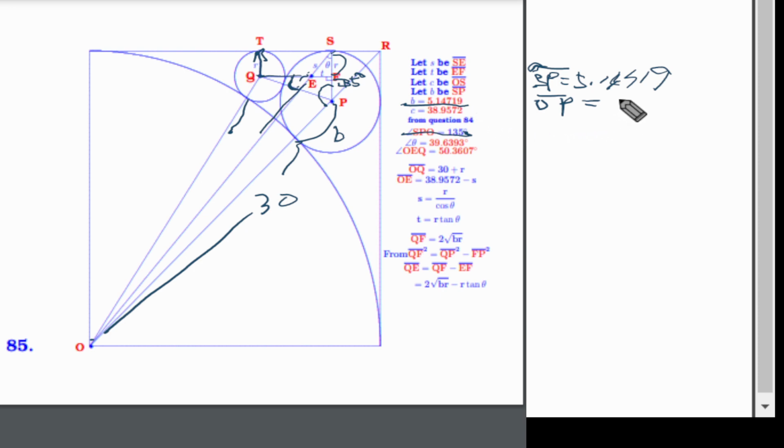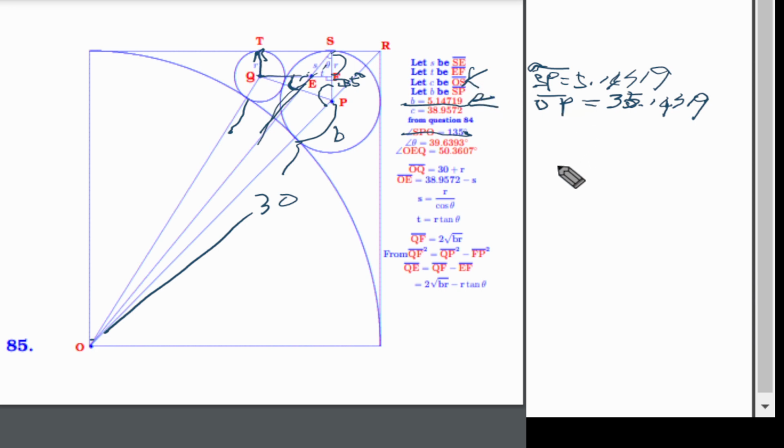So OP is 30 plus B, or 35.14719. That's the data here. And let's say OS, this total length, OS is C.